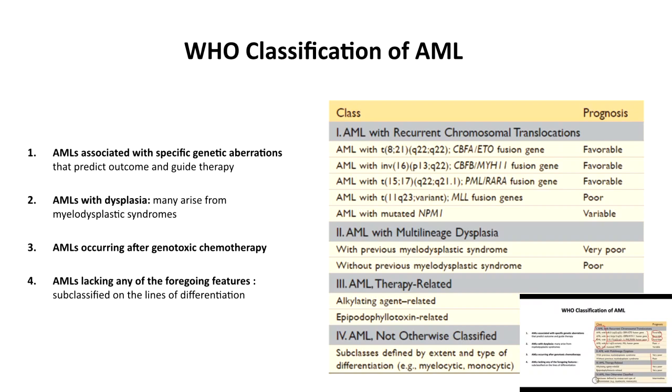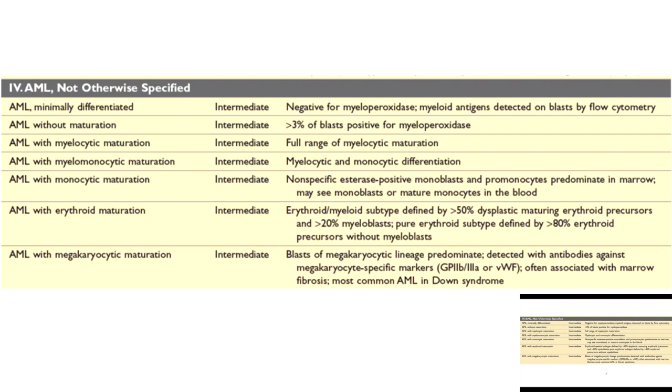There is the fourth class where we still use morphology as the basis of defining the acute leukemias. Although, as I said, the class that has perhaps become most relevant now is the one where we have identified those translocations, and we realize the significance of these translocations.